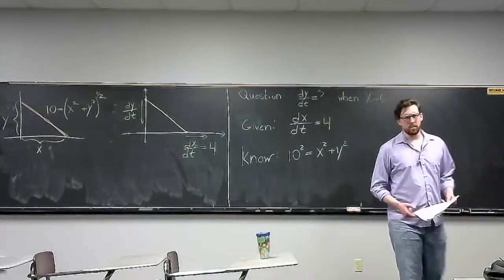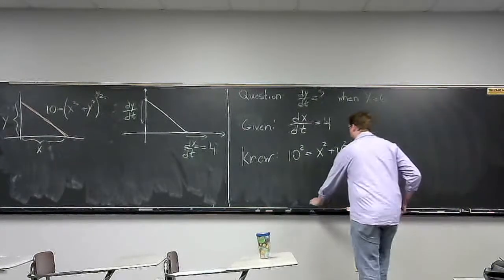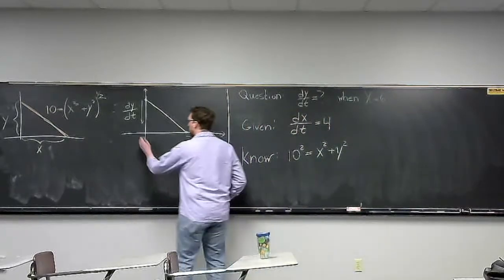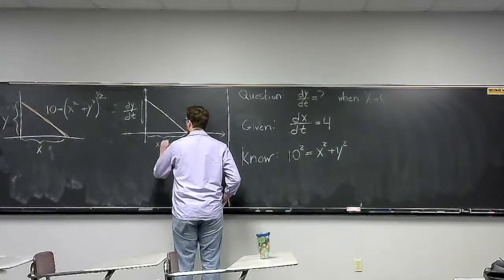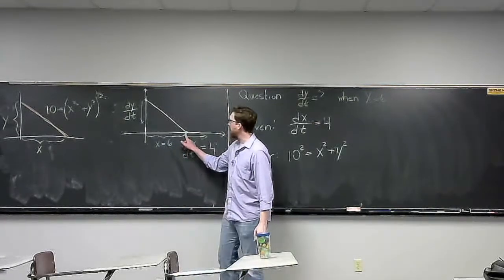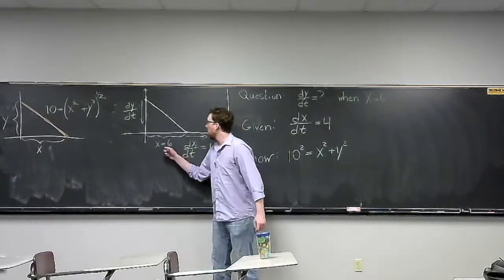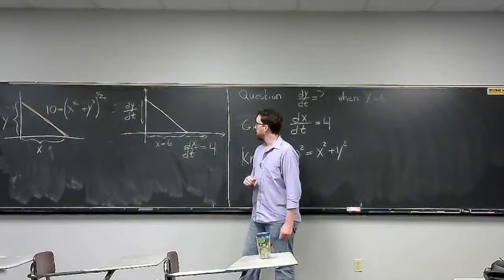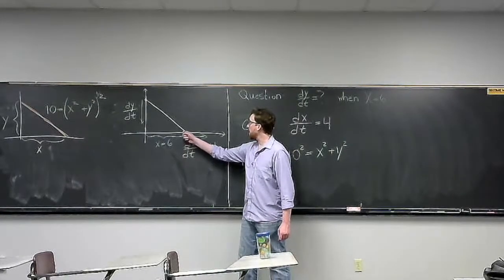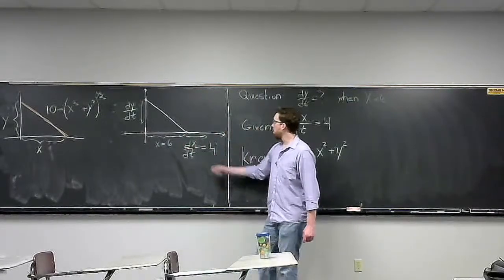All right, so what exactly did I just say? Well, we're told that the distance from the bottom of the ladder to the wall is 6 feet. We're given that the length of the ladder is 10 feet, and that the rate at which the bottom of the ladder moves away from the wall is 4 feet per second.